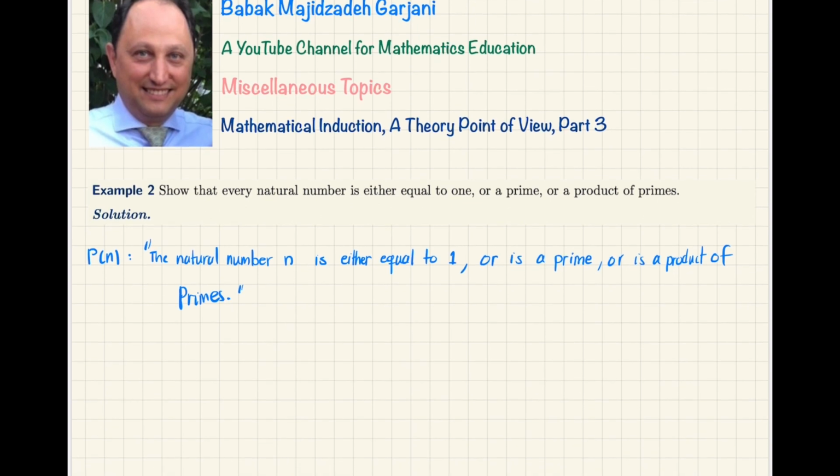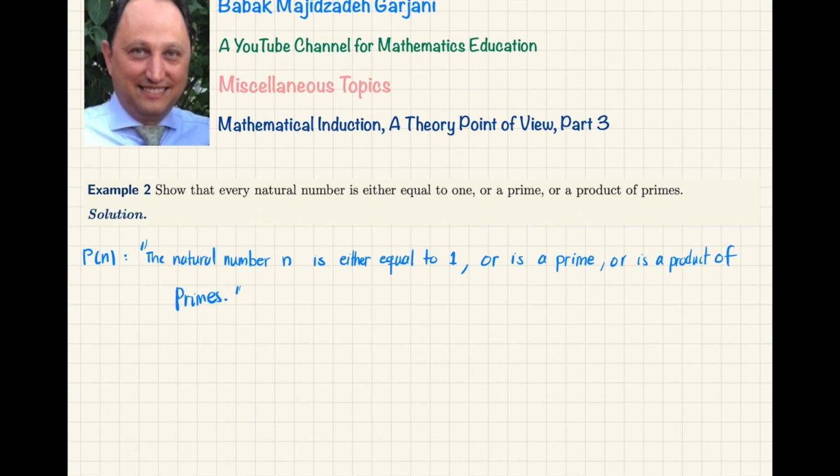I want to show that this predicate satisfies the first and the second property of the strong mathematical induction. So for the first statement, I need to show that P of 1 is true. To save a little bit of time, let me just read it orally. So what is P of 1? It means that I need to go to my predicate and replace n wherever I see it with 1.